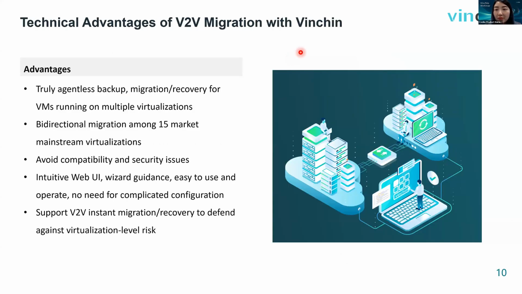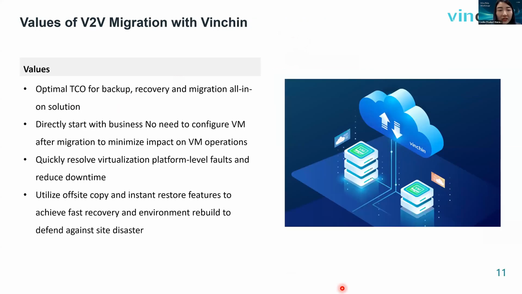Okay, so here's a brief summary of Vinchin's solution on the V2V migration feature. As I mentioned before, our solution is an agentless backup, recovery and migration strategy. It is an all-in-one solution. We support up to 15 market mainstream platforms with bi-directional cross-platform migration. We support both V2V full virtual machine restore and instant virtual machine restore. And lastly, I want to mention that Vinchin Backup and Recovery is an all-in-one comprehensive data protection solution.